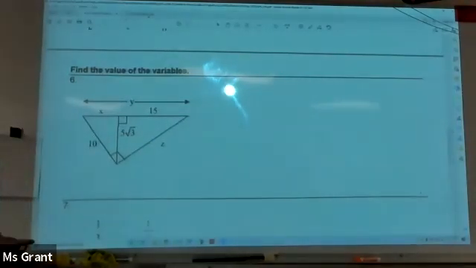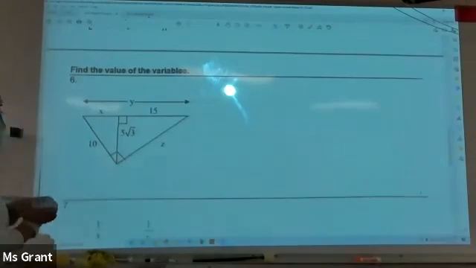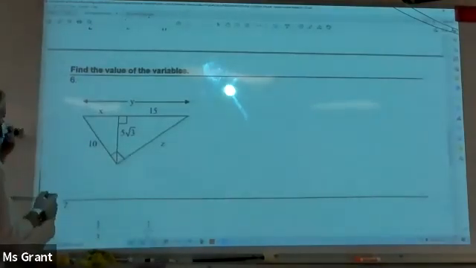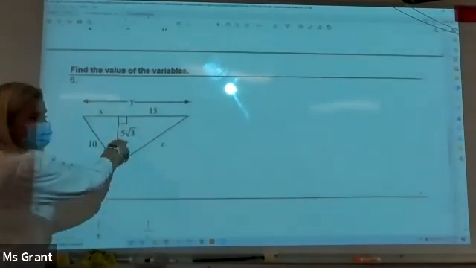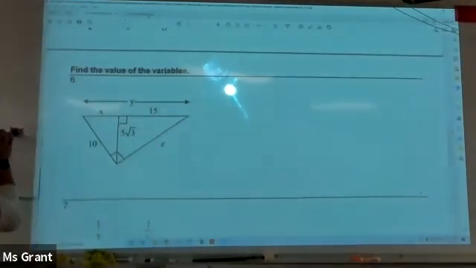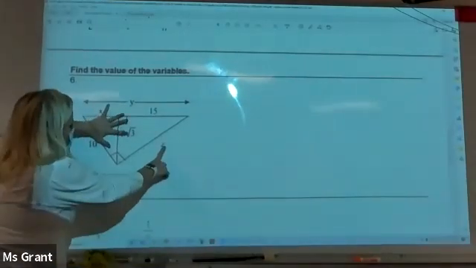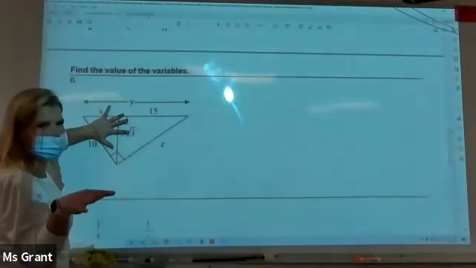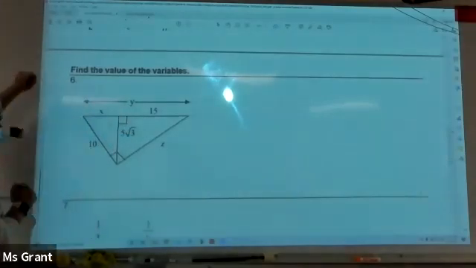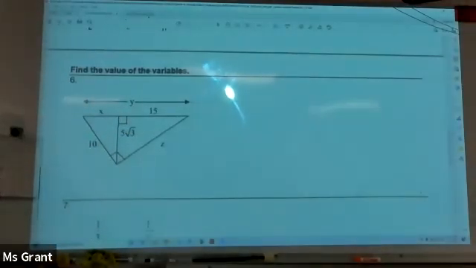So let me talk about what relates. X and 15 go with 5 rad 3. Z goes with 15 and y, but we don't know what y is. We can't have 2 variables in a proportion.